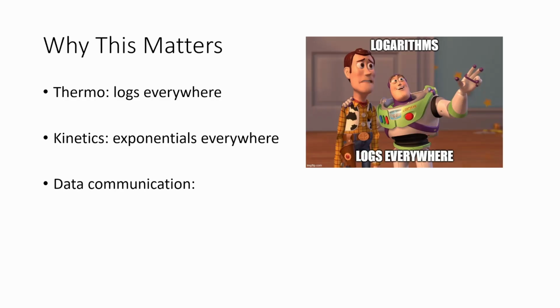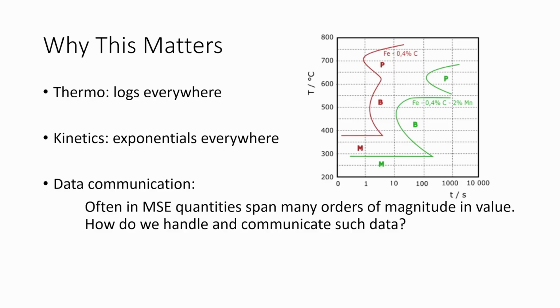And just in a more general sense, not talking about any one class in particular, when we're trying to illustrate and communicate data in material science, there's an interesting challenge that we have to deal with that's not as true in other fields of engineering, which is that we span many orders of magnitude. We talk about things all the way as small as electrons and as large as buildings and airplanes and everything in between.